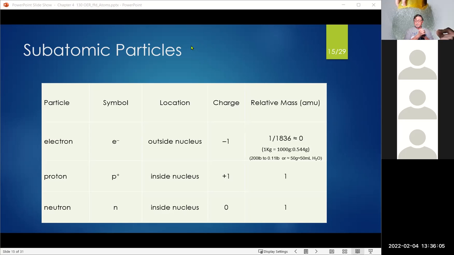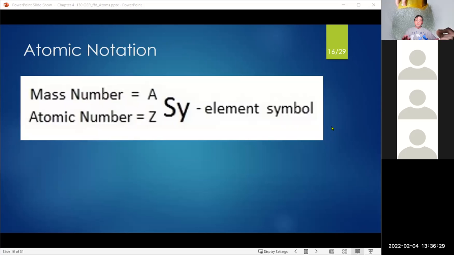You know, JJ has shown that it does in his calculations and his experiments, but its weight is so small, it's basically 0. And because of that, it has a lot of behavior like light. And we'll learn more about that. And we're going to learn that these electrons are actually in specific energy levels. All right, so that's about it.